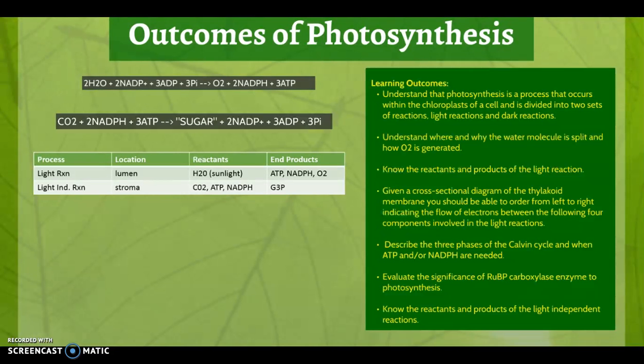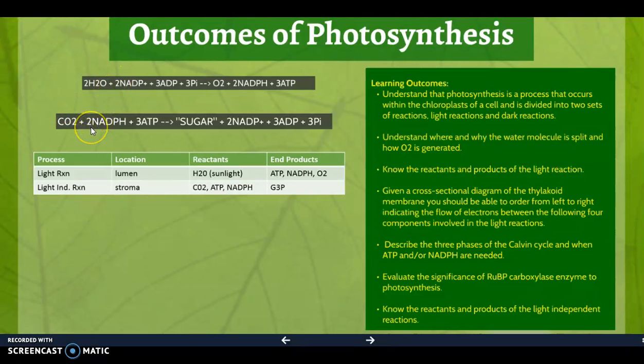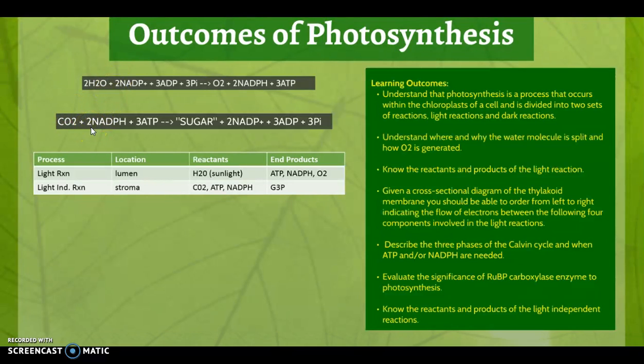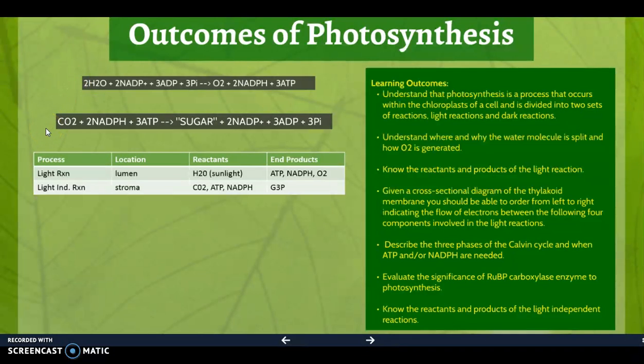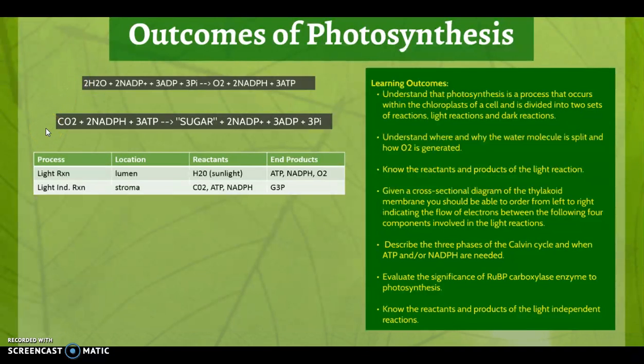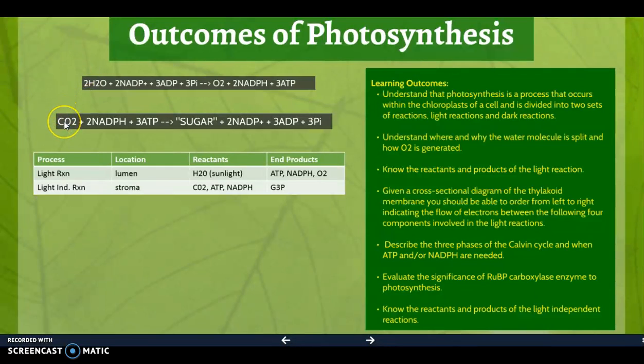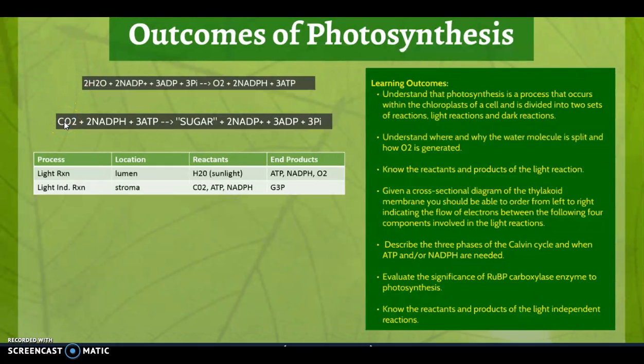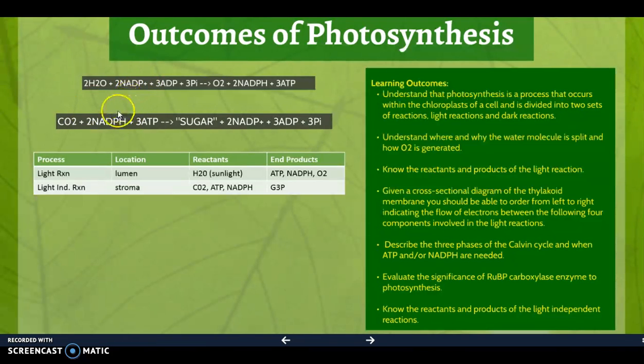So what are our outcomes of photosynthesis? And I like these two equations a little bit better than the equation that we started with. So instead of looking at just one simplified equation, I think it actually benefits students to look at this as two processes that are interconnected, but standalone processes. So in this first equation, we have water and NADP plus and ADP plus Pi, and I could have sunlight here, right?